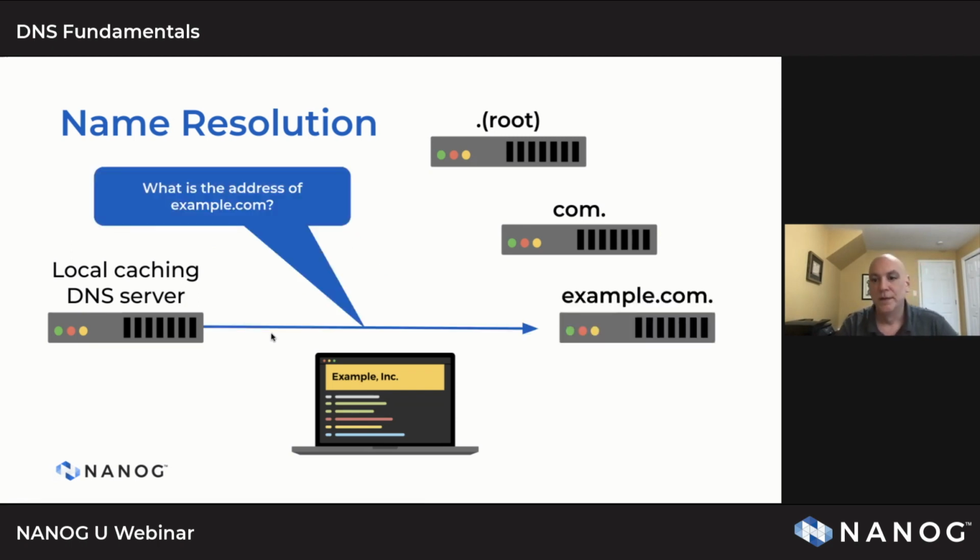All right. So now in this simplified case that I know the name server for example.com, now I can ask that question again. And I'm sorry, this slide should say www.example.com, but I think it got clipped off in one of the updates to the slide. So my apologies there. But again, I'm going to ask that full question, but this time to the name servers for example.com.